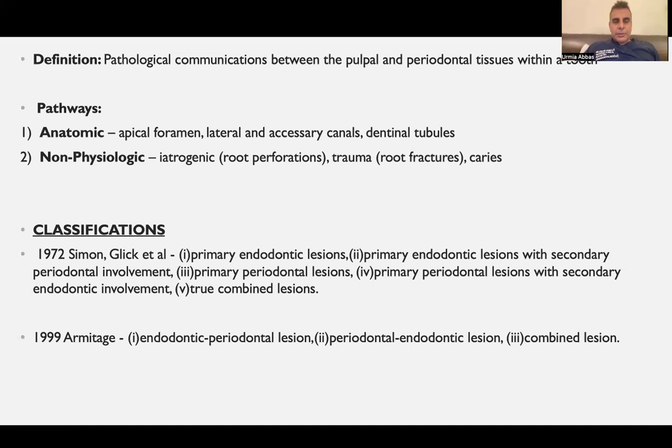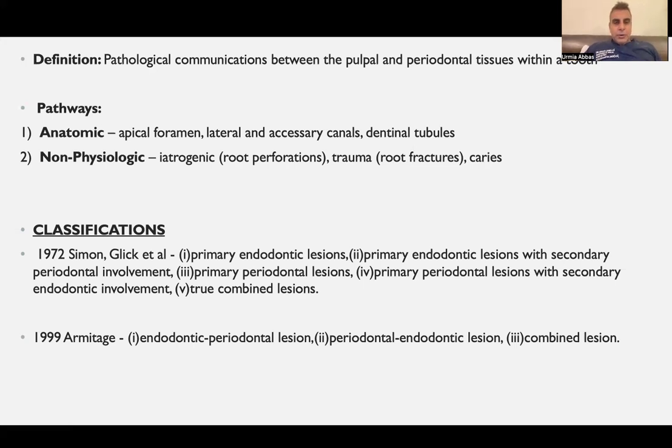There's anatomical, which is the normal physiological ways where you can have a communication between the pulp and the periodontium. This could be via the apical foramina, lateral and accessory canals, and the dentinal tubules. So that is a physiological way.